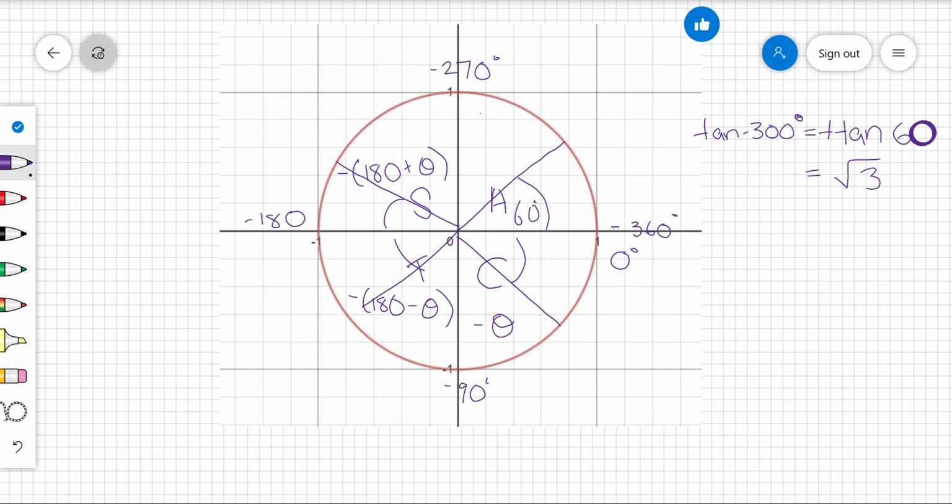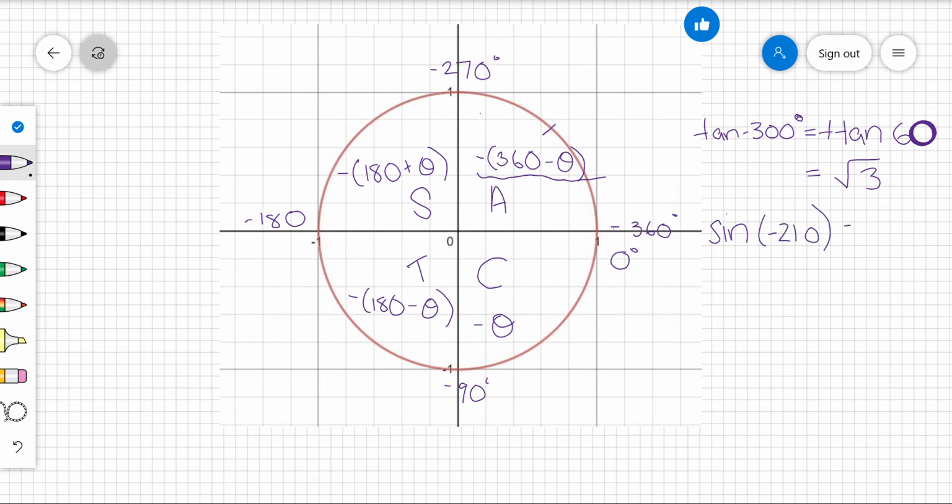All right, let me do another example. So if we had something like sine of negative 210, where's negative 210 degrees? Well, it's in this quadrant here.